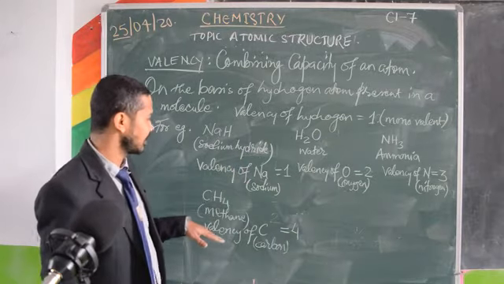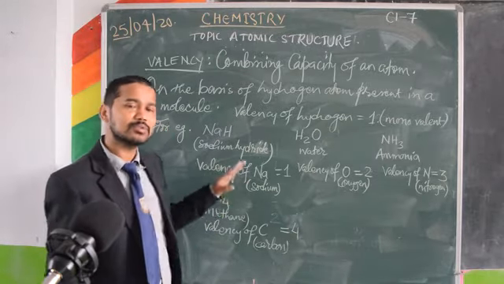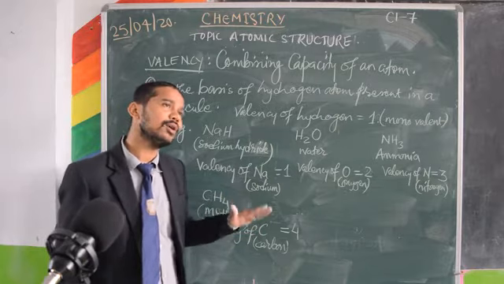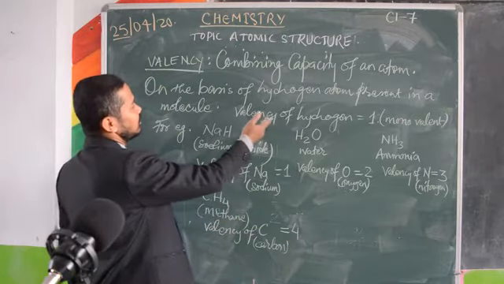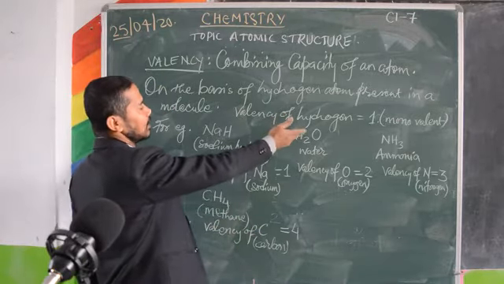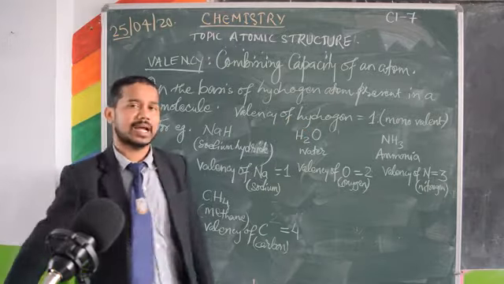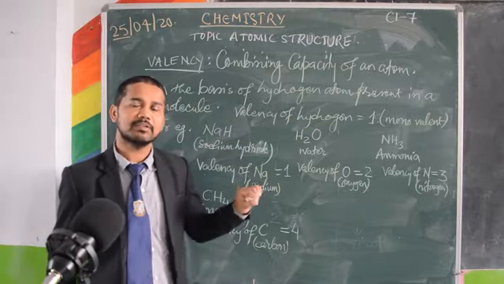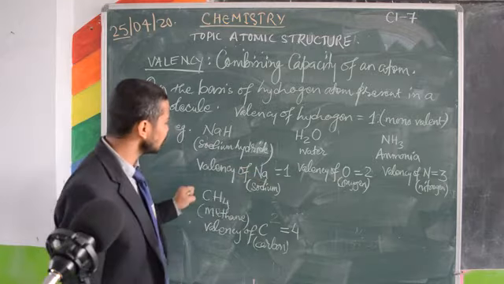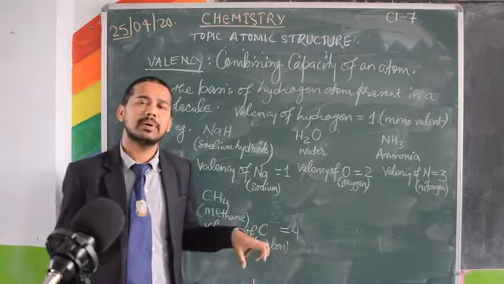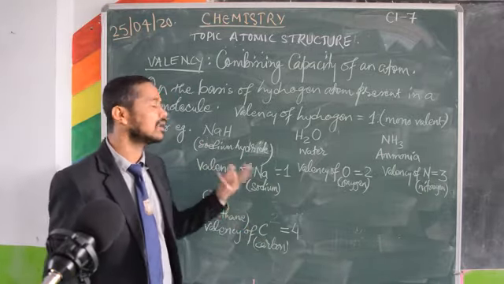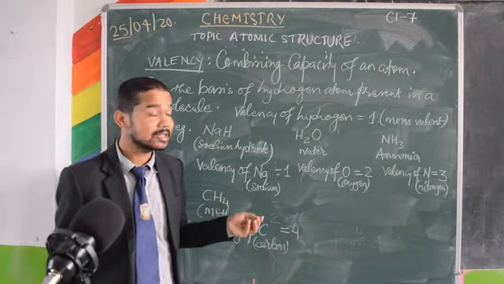In this way, we can come to know about the valency of other elements with the presence of hydrogen atoms. How many hydrogen atoms are present in the particular molecule? By that also we can come to know about the valency of another element present in that molecule.